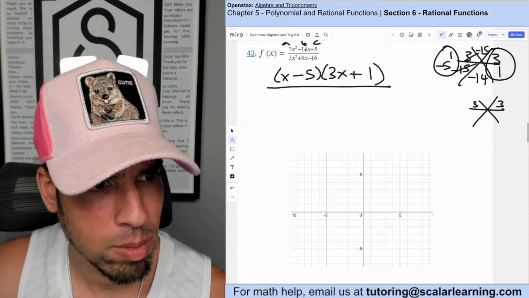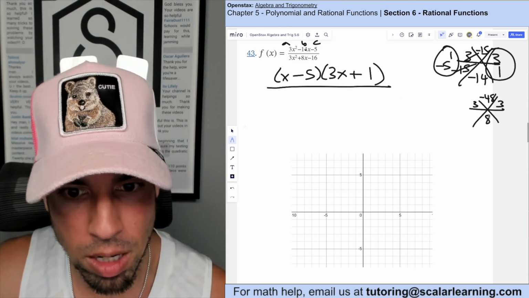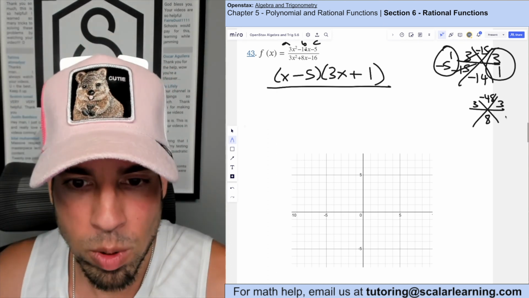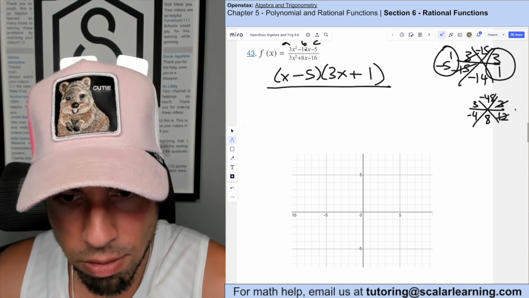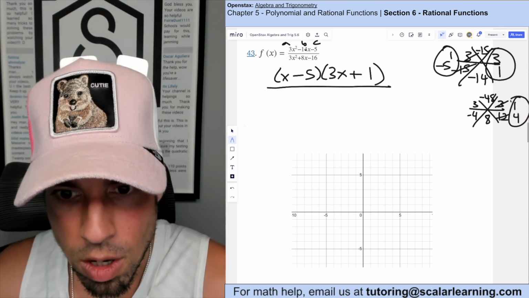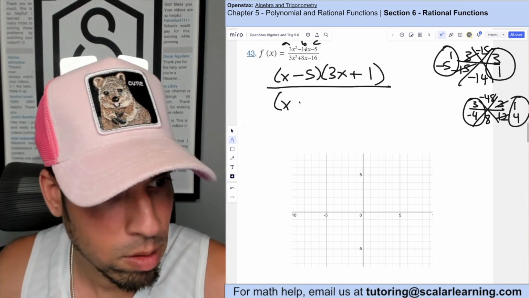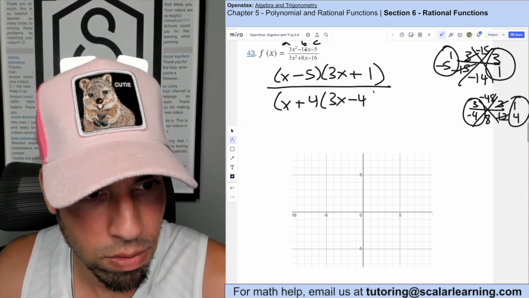We got A times C, which is negative 48, that goes up top, and then B, 8, goes on the bottom. What two numbers multiply to negative 48, add to positive 8, so we've got positive 12 and negative 4, and this reduces like a fraction to 1 over 4. So there's that and there's that, which means we've got 1x plus 4, and on the other side, 3x minus 4. So this is great.